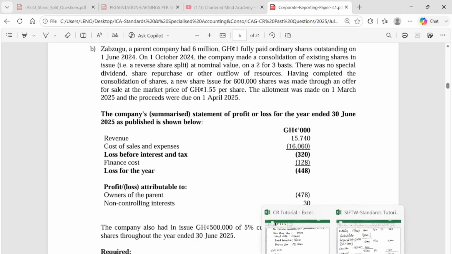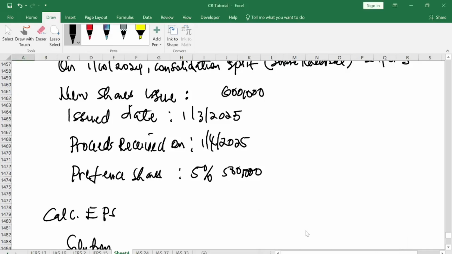You have to use when you receive the proceeds, not when you issued the shares. So when you receive the proceeds after issue is the date that you consider.